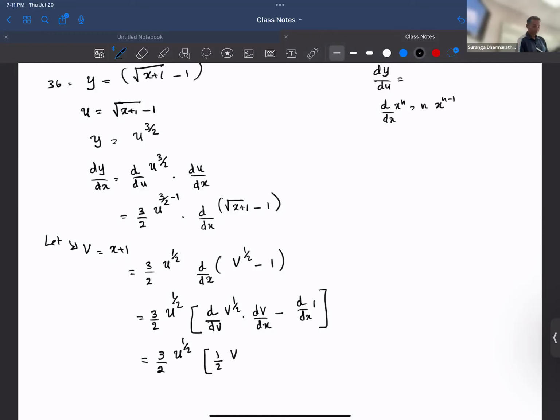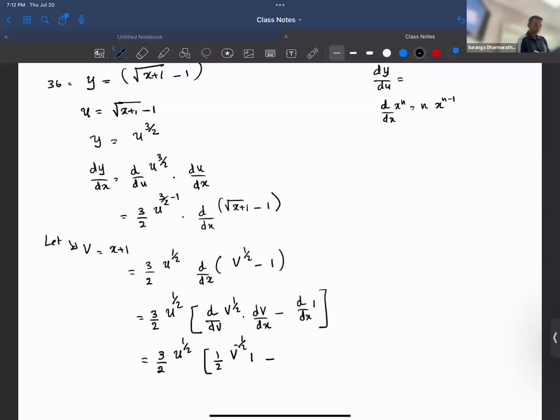And what is dv over dx? The derivative of x plus 1 is equal to 1. Just 1.